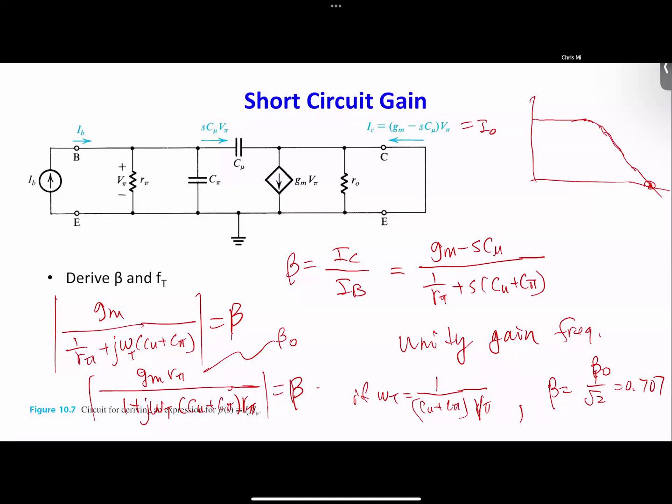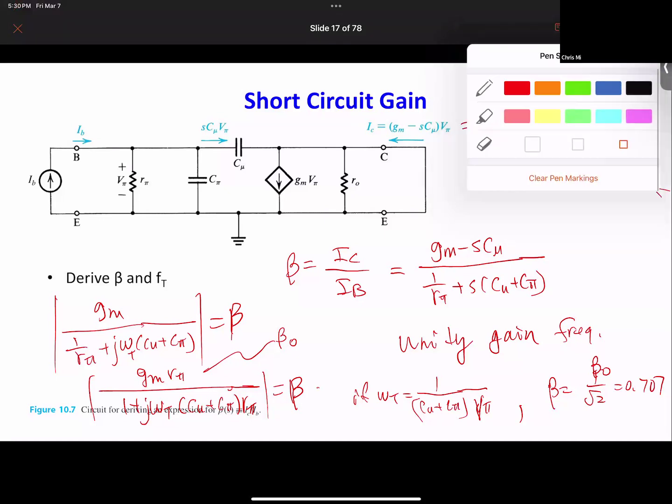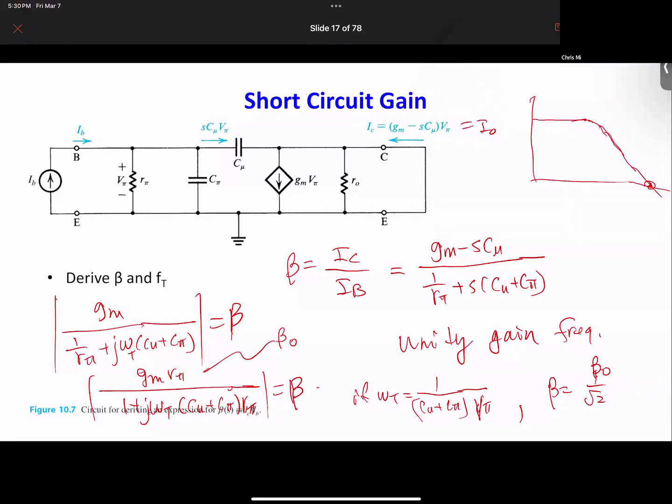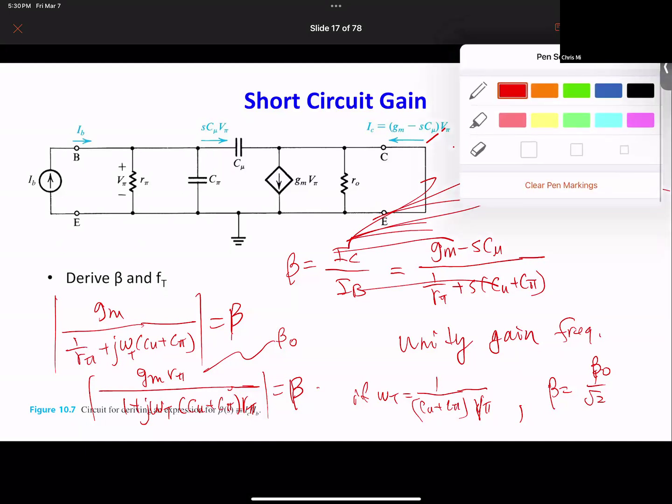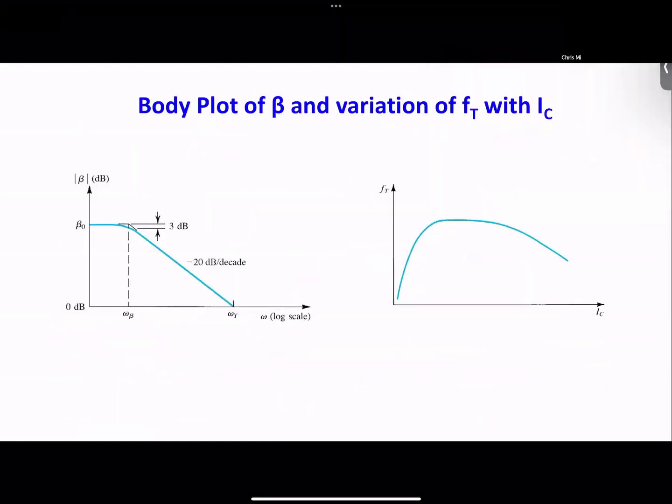So let's just do that. Which means if omega t is less than that number, okay.